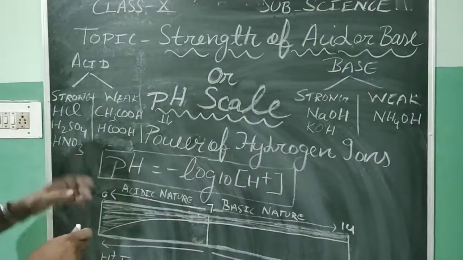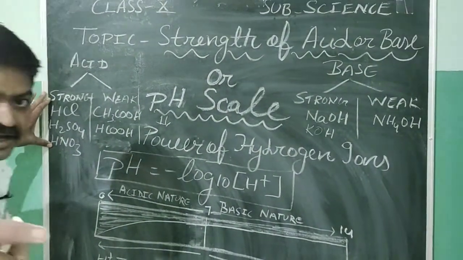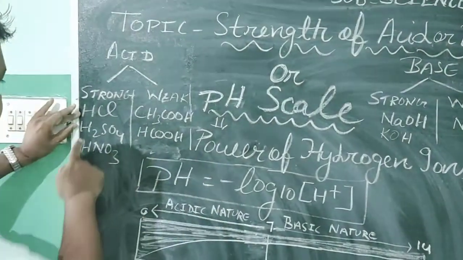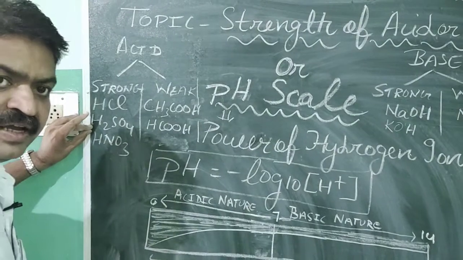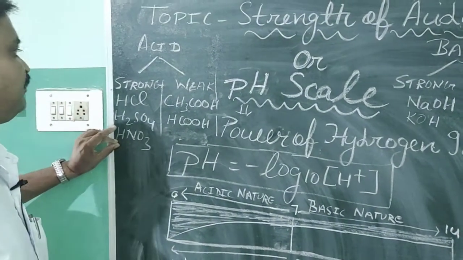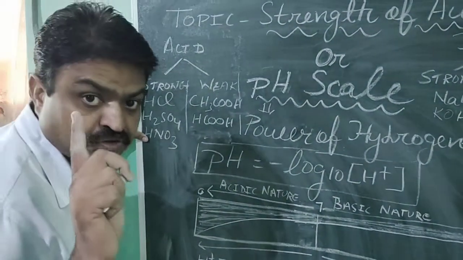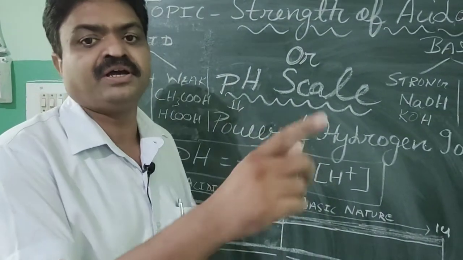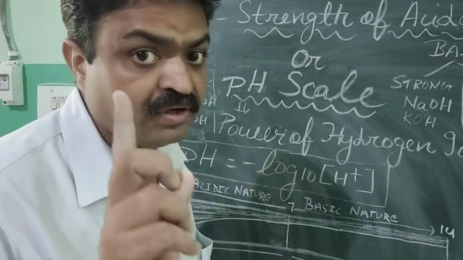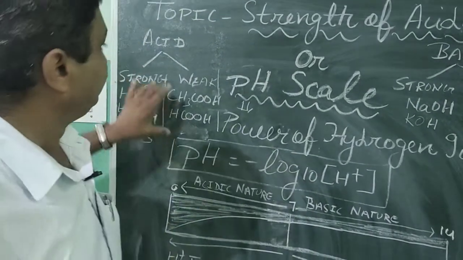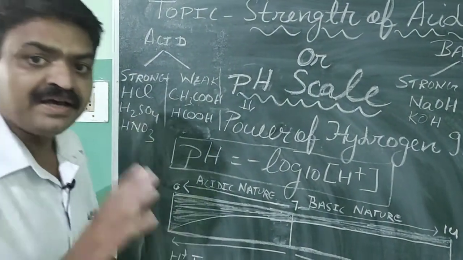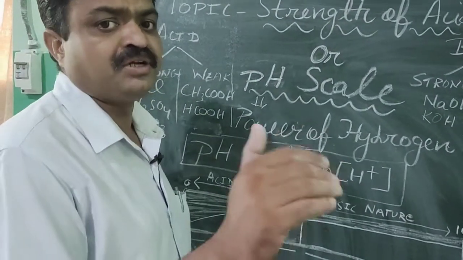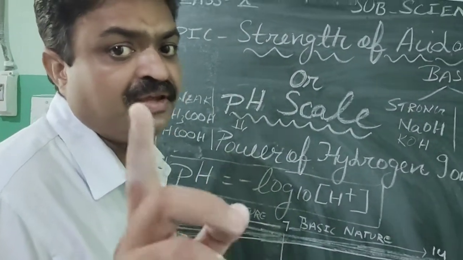So the strong acid examples are hydrochloric acid, sulfuric acid, nitric acid. They are known as strong acids because they release more hydrogen ions when they are dissolved in water. Weak acids are the acids that release fewer hydrogen ions when they are dissolved in water.